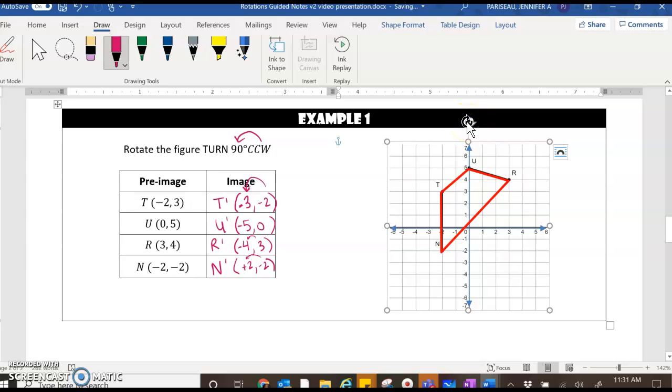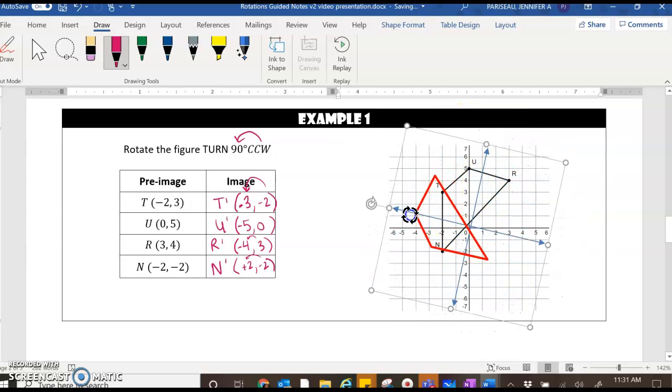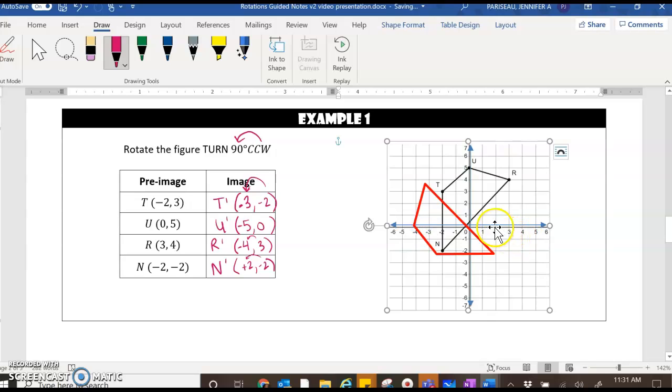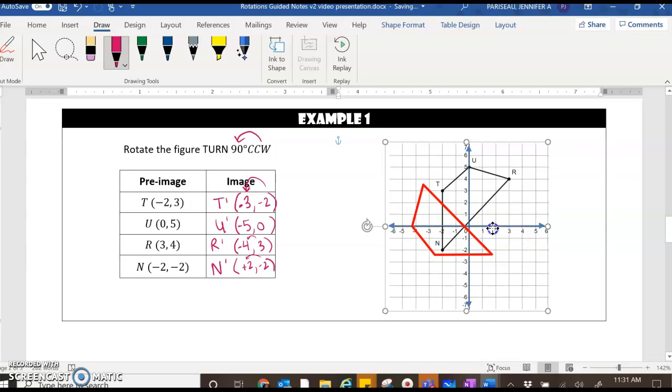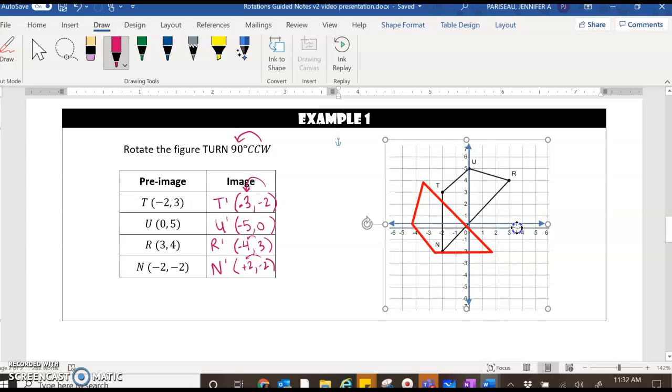90 degrees counterclockwise. And that should match up. Now, the only thing I don't have labeled is my different points, right? Oh, I'm kind of off here. I'm not really sure why. I must not have graphed my points very well. Oh, it's shifting it for me.